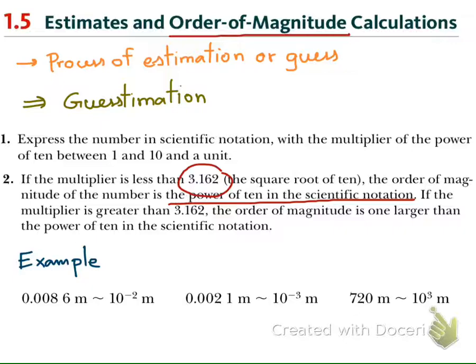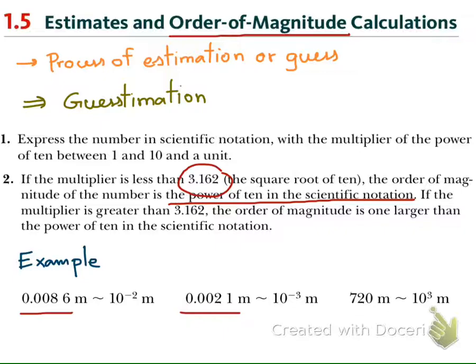For example, 0.0086 meter has an order of magnitude of -2, or 10 to the -2. 0.0021 meter has an order of magnitude of 10 to the -3. Please note these two numbers.